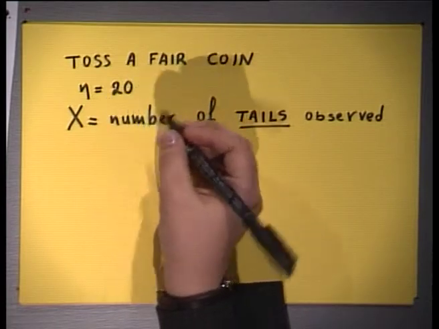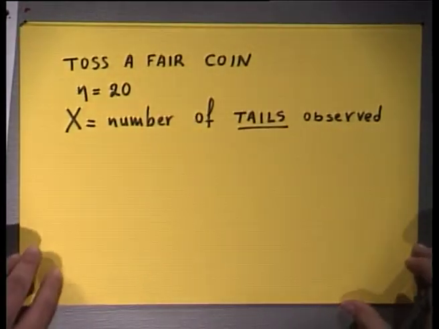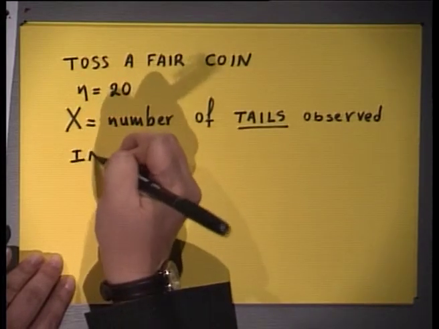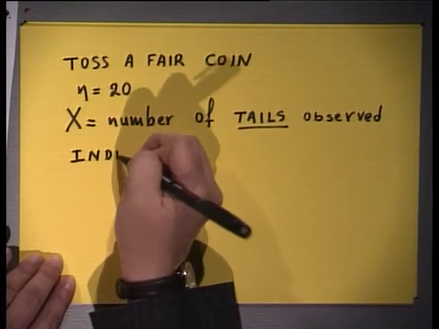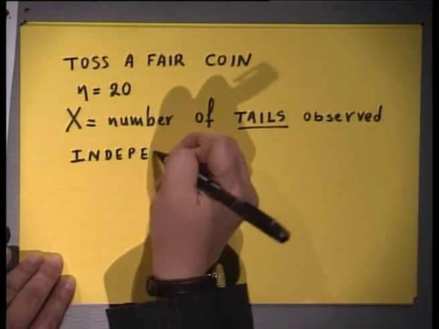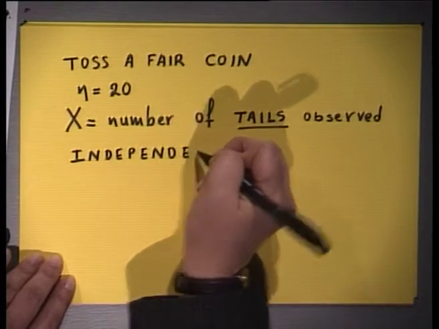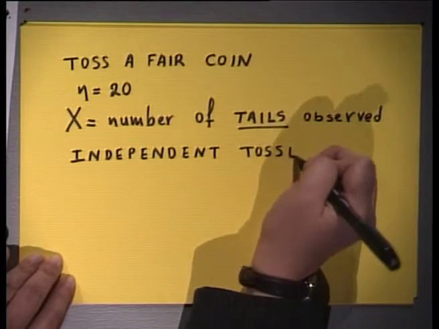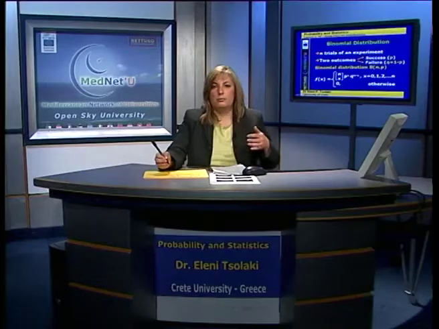Now we have that the successive tosses are independent. Why do we say this?